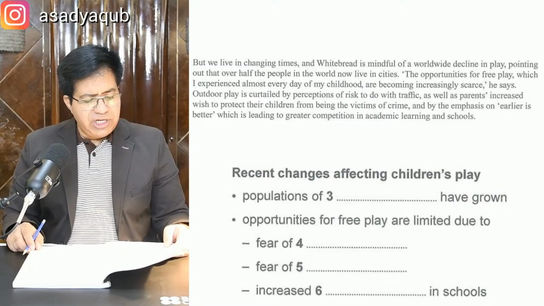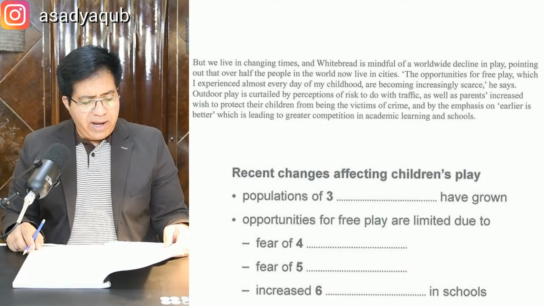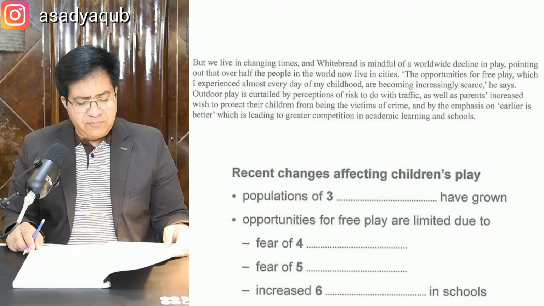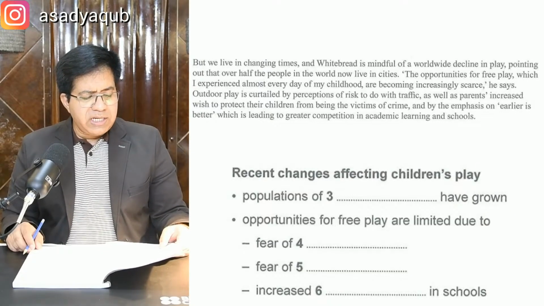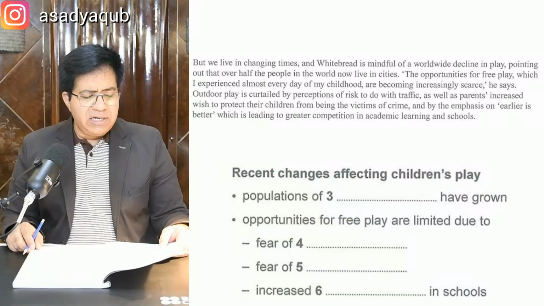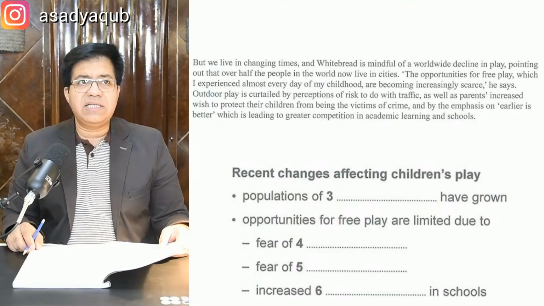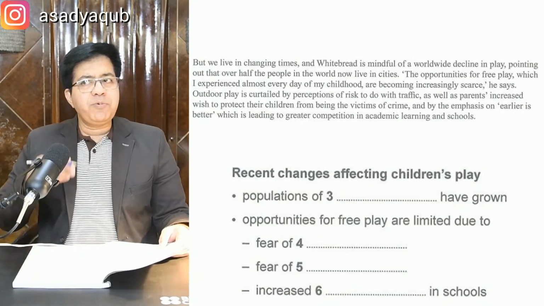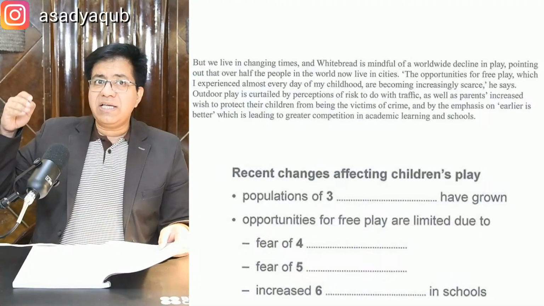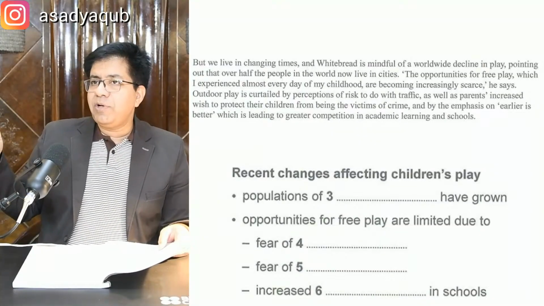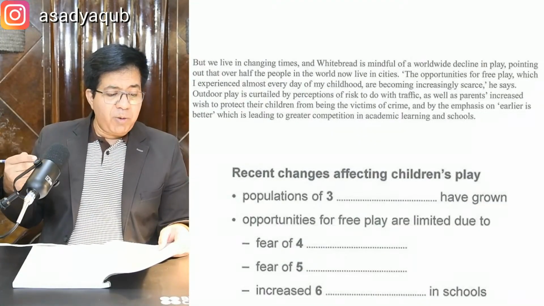But we live in changing times, and Whitebread is mindful of a worldwide decline in play, pointing out that over half of the people in the world now live in cities. What does it mean? The population of cities have grown, not population of people. People means population.